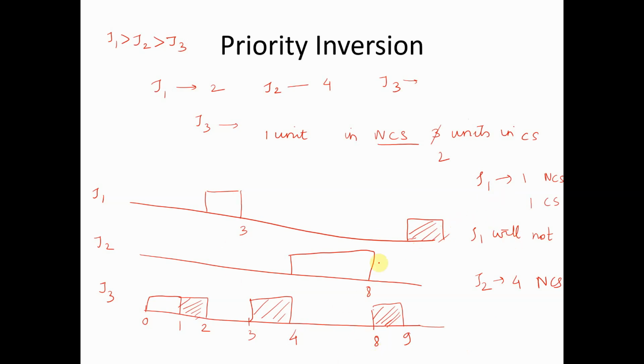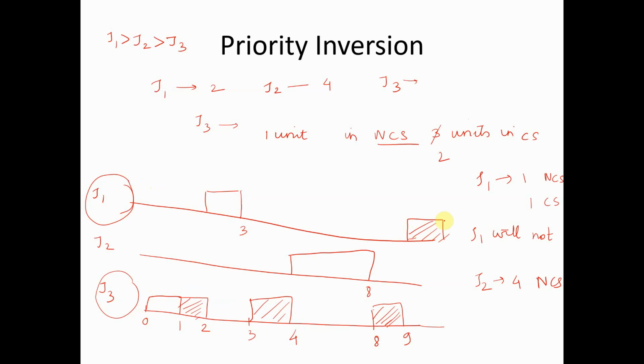If you see this scenario, since J1 was the high priority task and J3 was the lowest priority task, the job which has the lowest priority behaves as if it has the highest priority. And J1 has to wait for a longer time in order to execute.